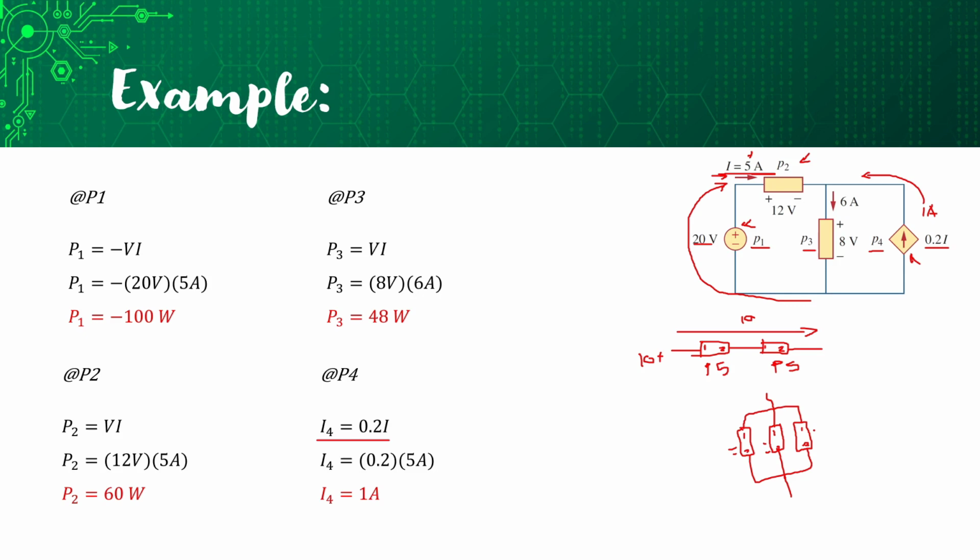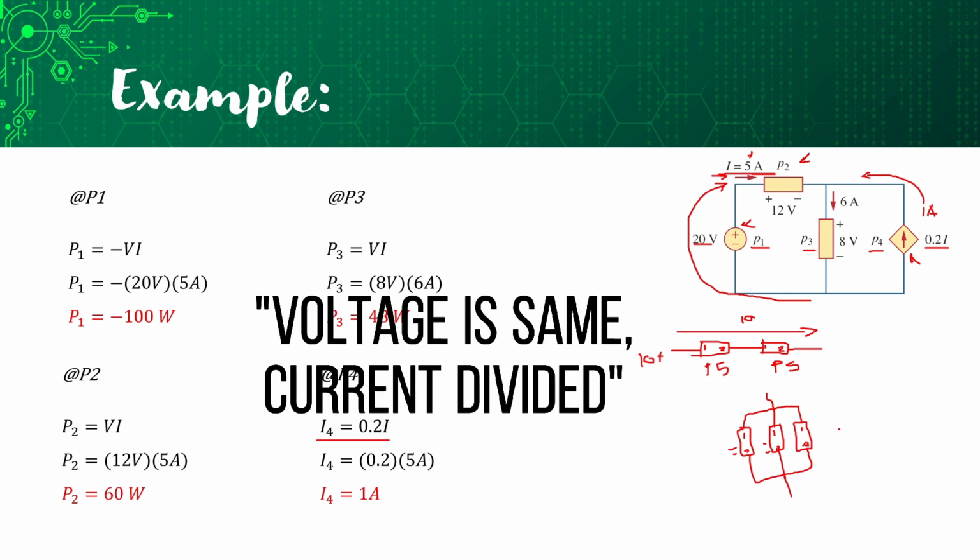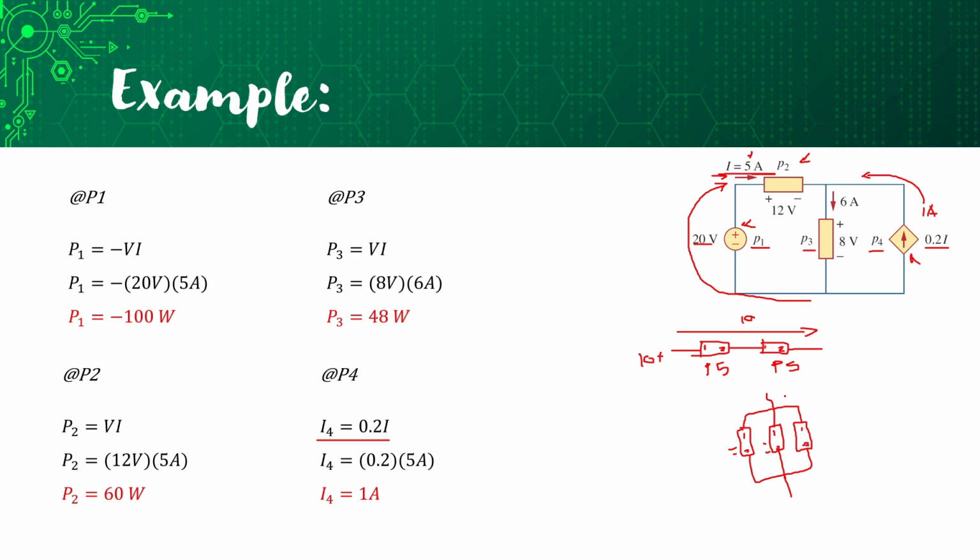While in a parallel connection, the voltage is the same and the current is divided. What that means is, if we have a voltage here of 10 volts, then all three elements have 10 volts at their terminals. But the current is divided.